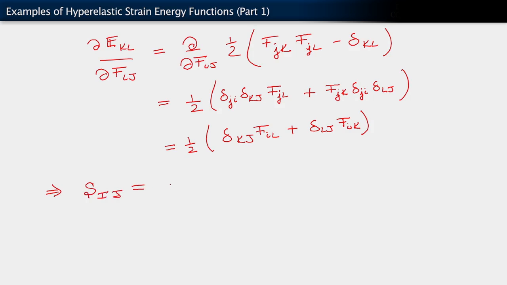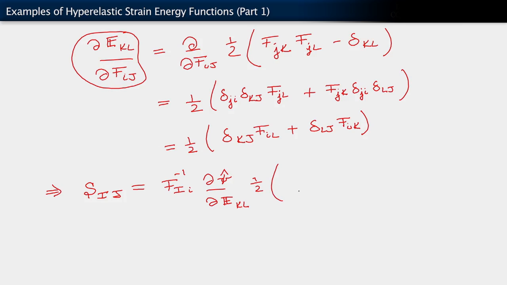which we said was f inverse capital I little i derivative of psi hat with respect to E KL, and then we had that term, right? And we now know what that term works out to.